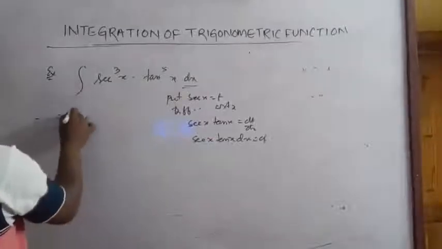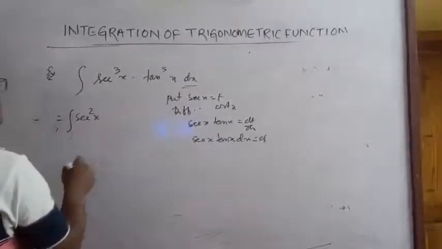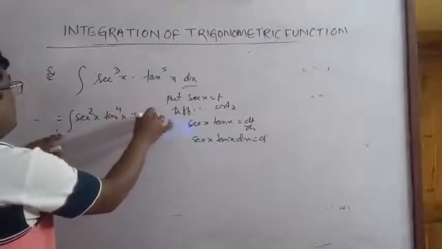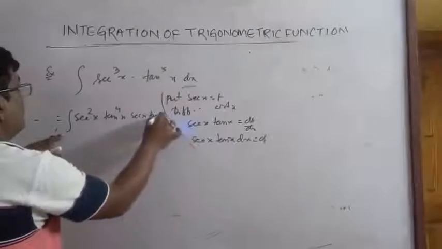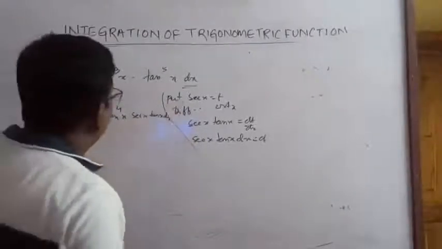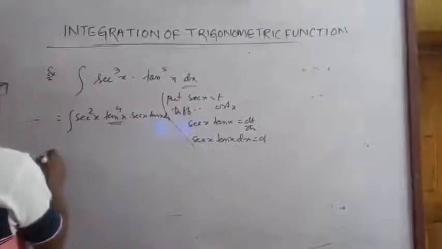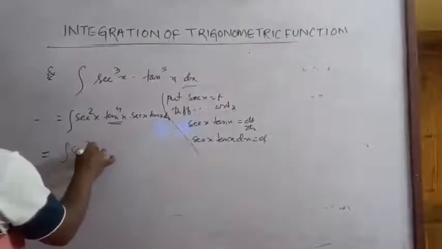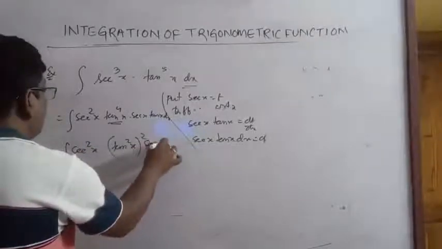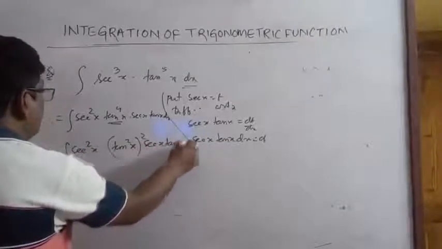So this is equal to integration sec square x tan 4th x sec x into tan x into dx. And sec x equal to t, so convert the tan in terms of sec. So sec square x, this is tan square x whole square, and this is sec x into tan x dx.